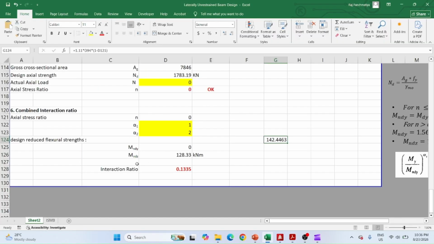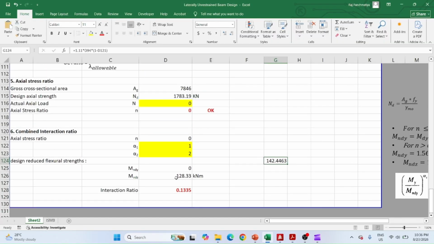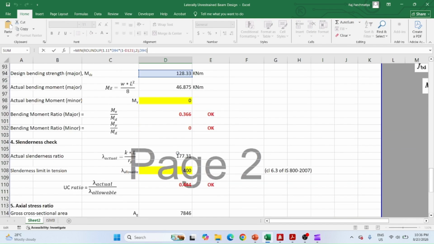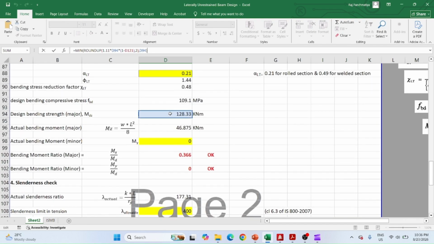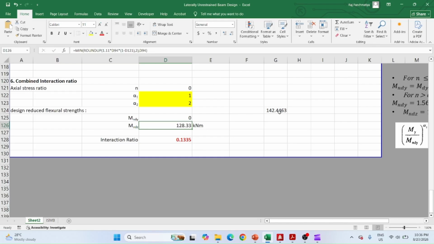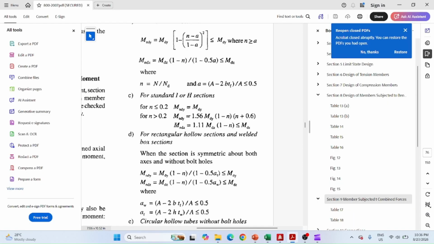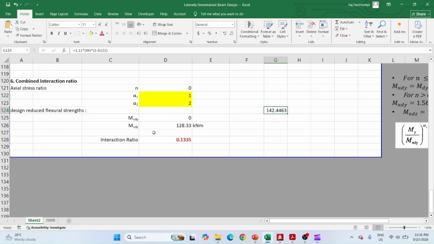And what is the value of Mdz? If you see the value of Mdz, it is 128. Okay, this 142 is exceeding the value of 128, so the code does not permit that. So maximum we can use is the 128. So Mndz value is 128.33.